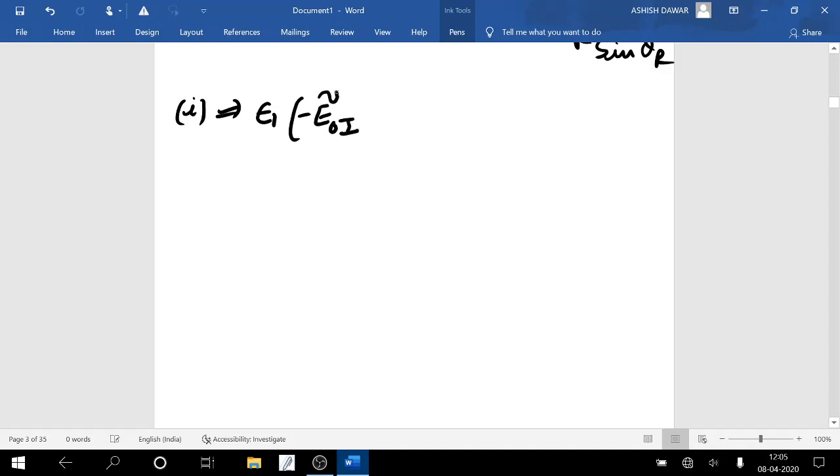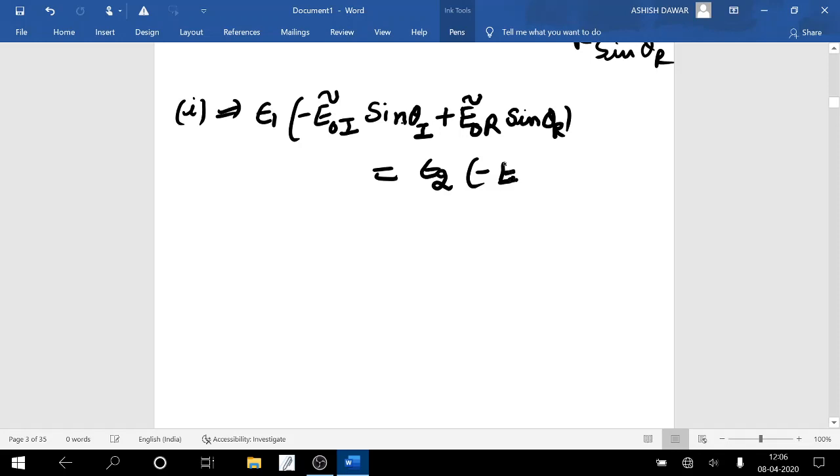The second boundary condition adds nothing because the magnetic fields have no z components.